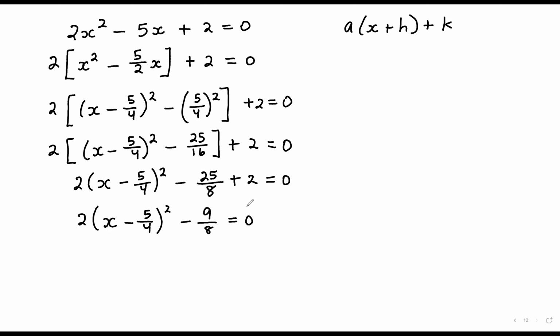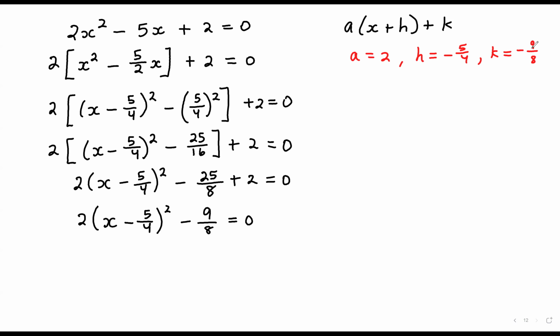So guys, this is in the form a by x plus h squared plus k, where a in this case is 2, h is minus 5 over 4, and k is minus 9 over 8.